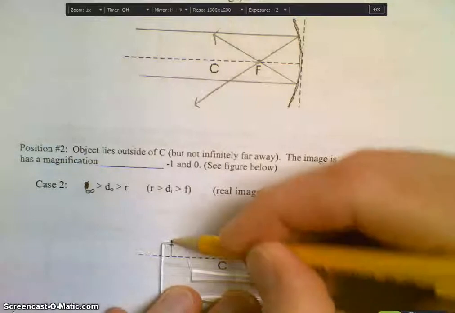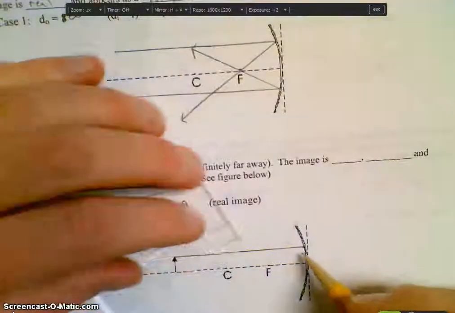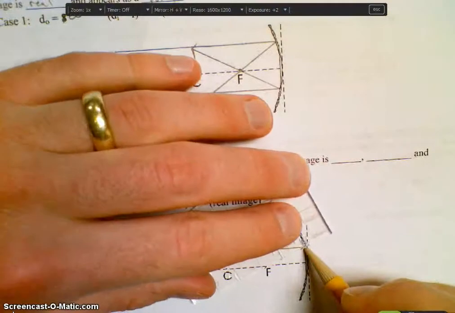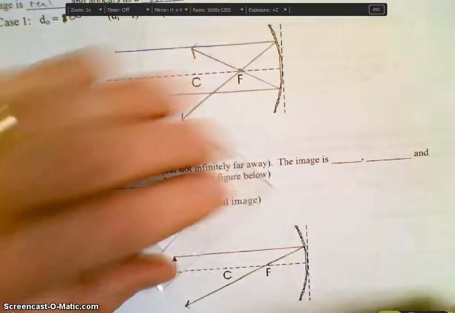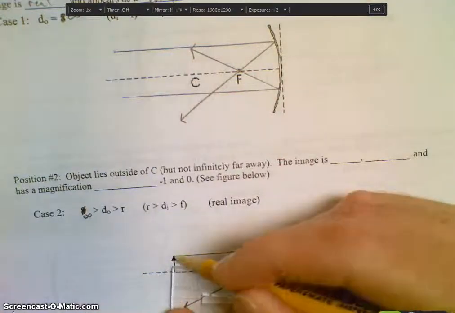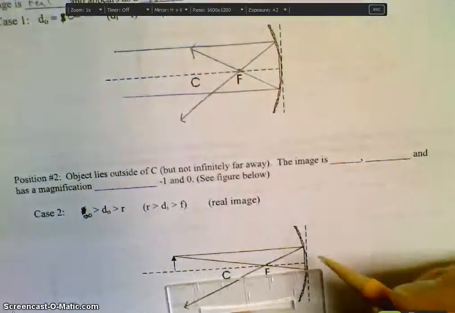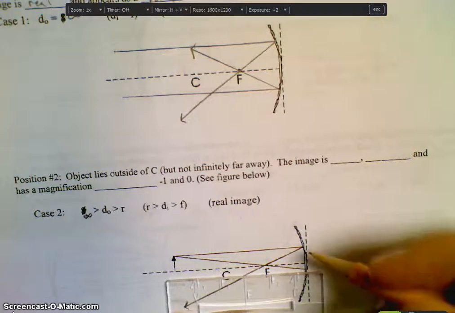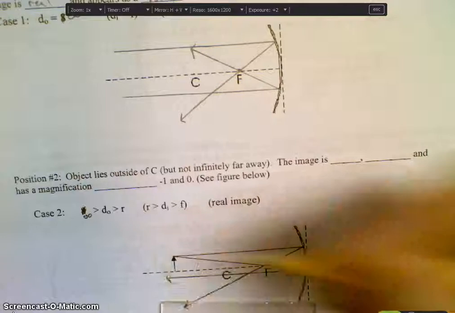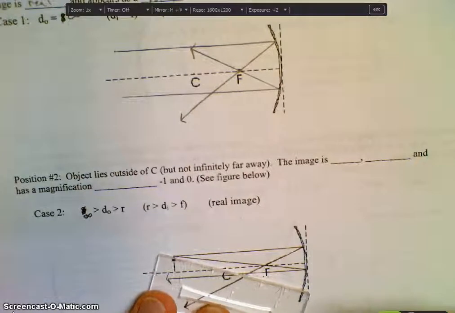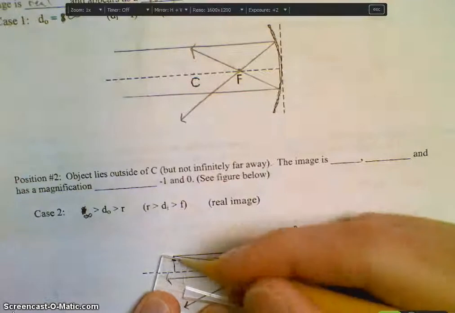First one is parallel in, reflects through F, and then through F, reflects off parallel, and then you can do a third one, and this one is through C and back on itself.